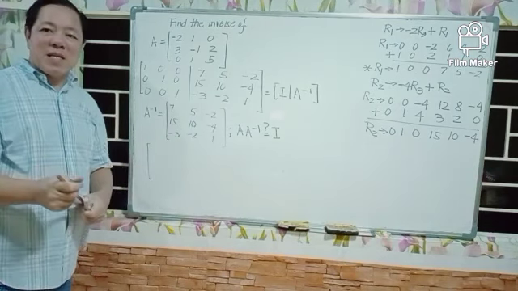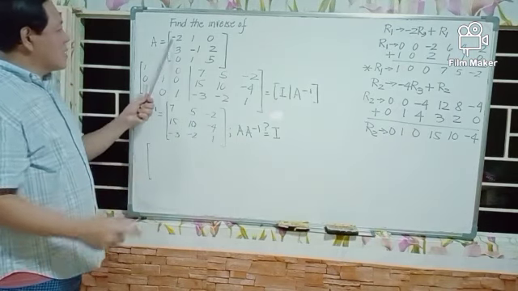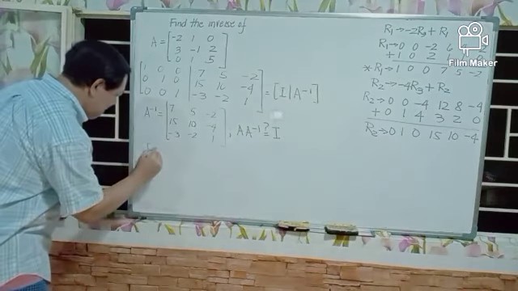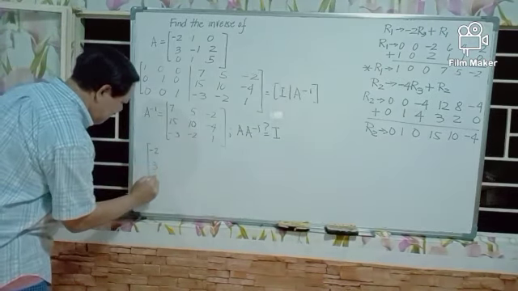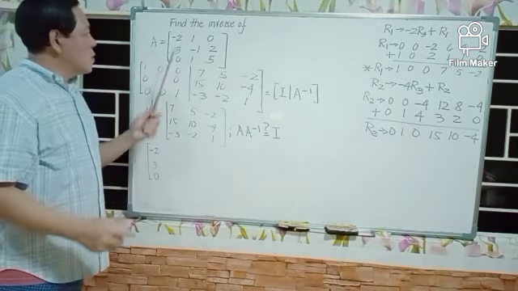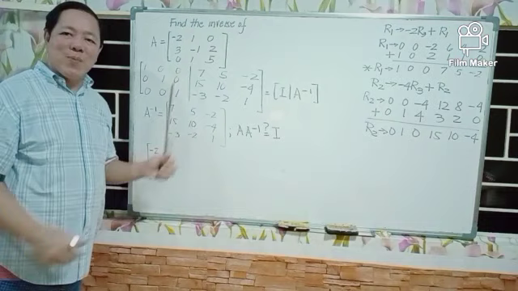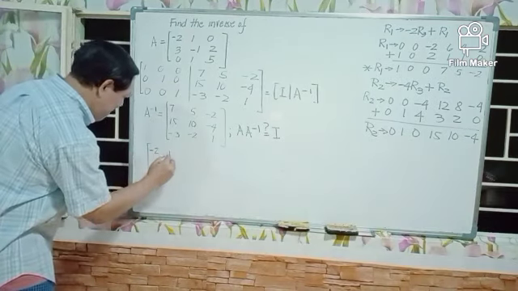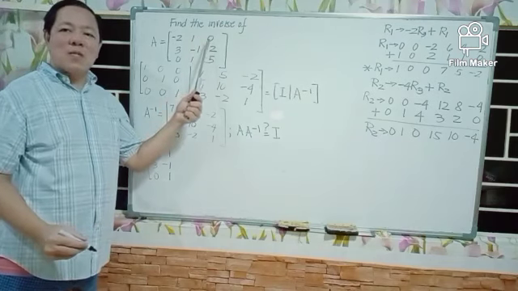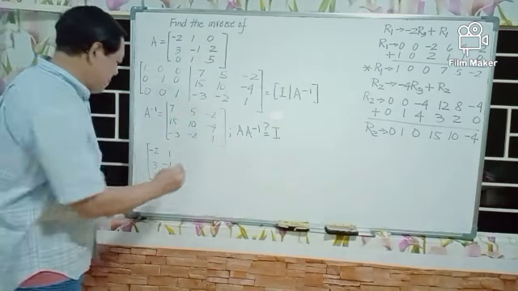The original matrix A has entries negative 2, 3, 0. Entries of the second column, 1, negative 1, positive 1. Entries of the last column, 0, 2, 5.